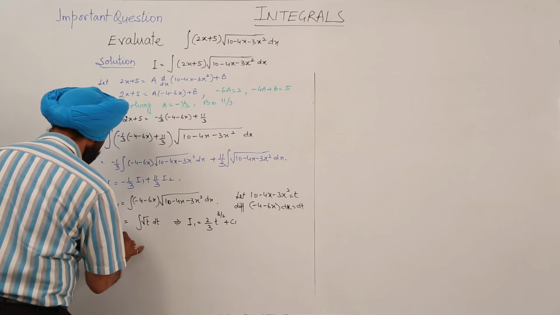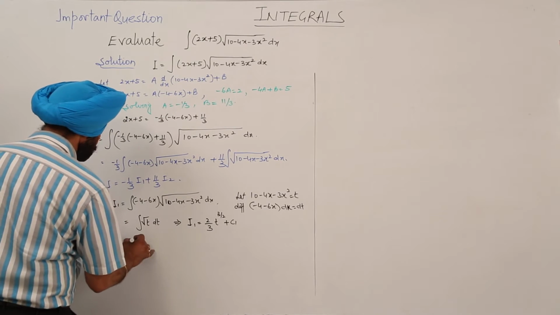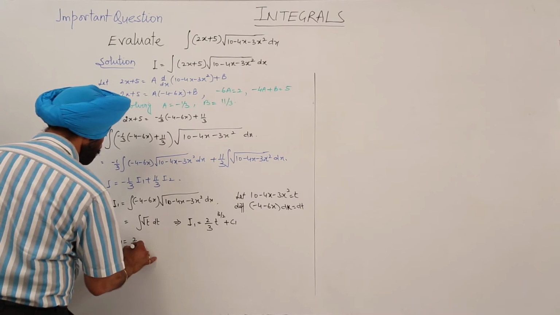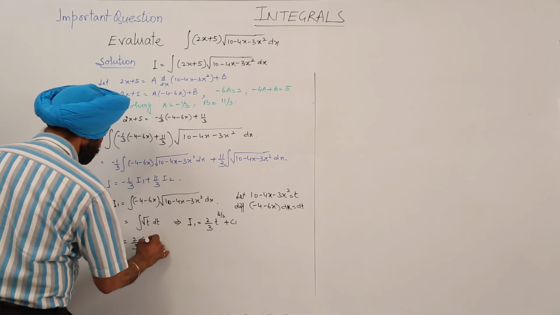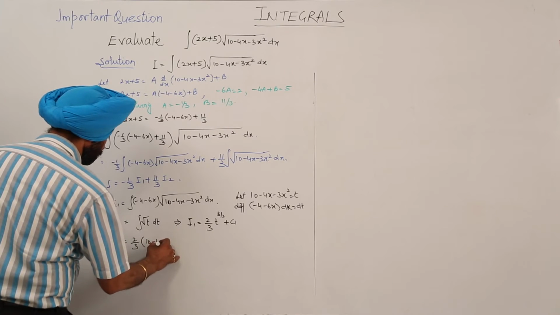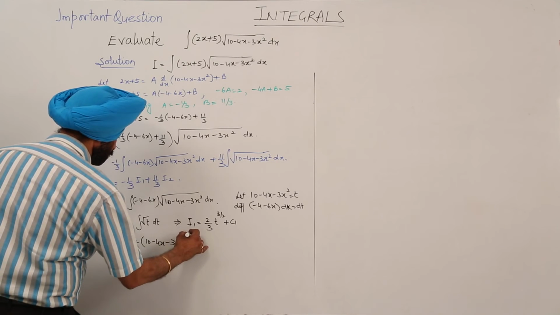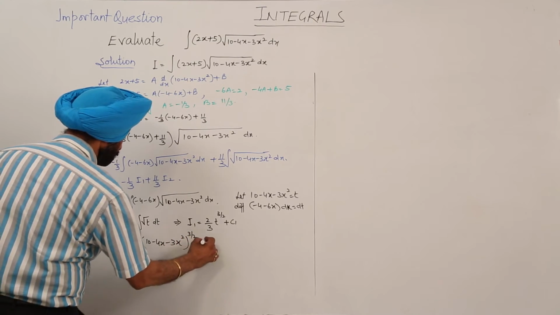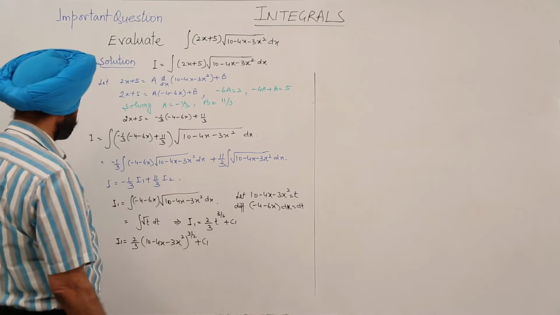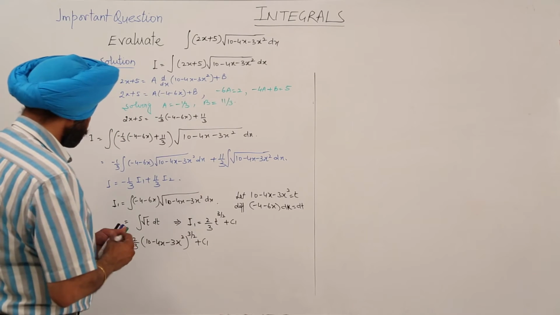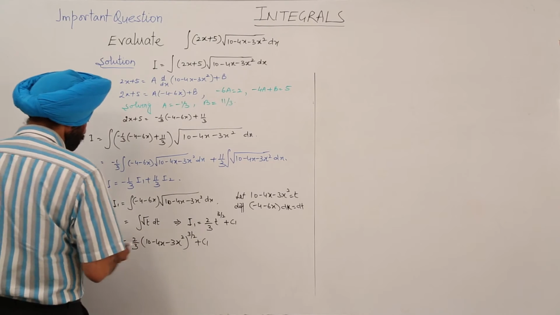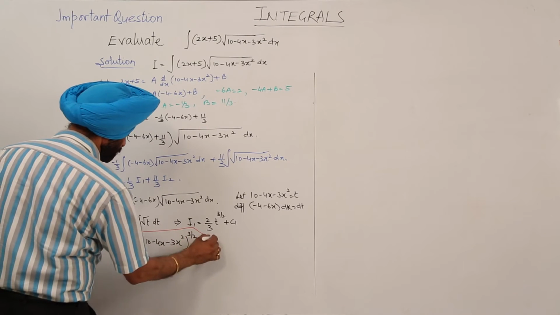So I1 is equal to 2/3 (10 - 4x - 3x²) with power 3/2 plus C1. So we got one of the integrals.